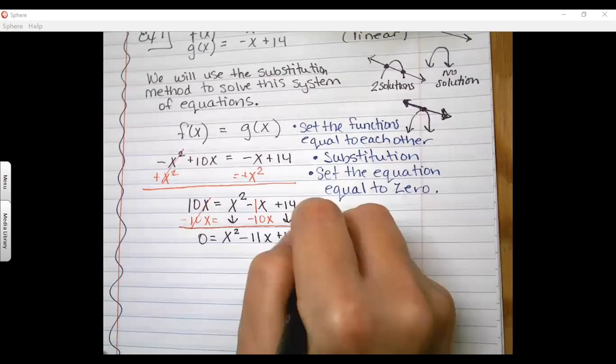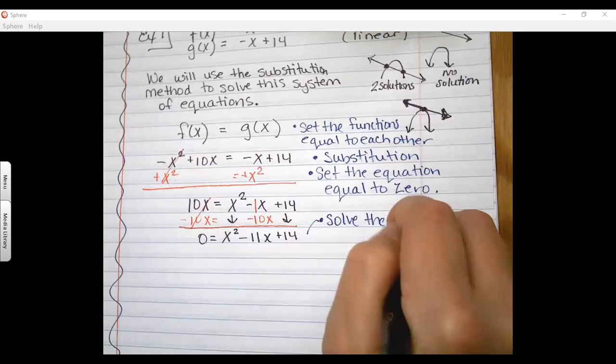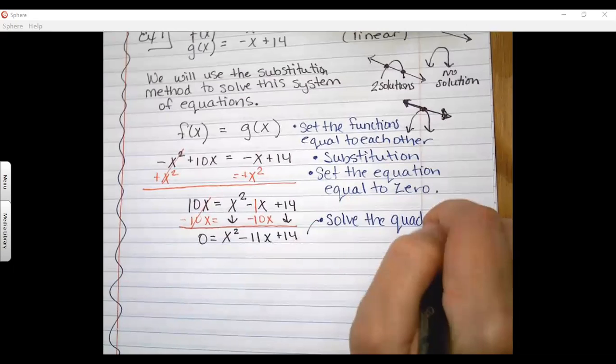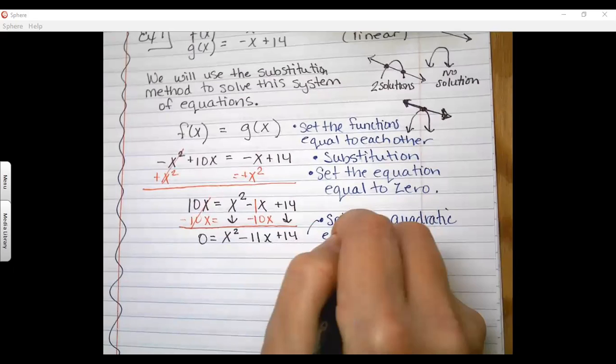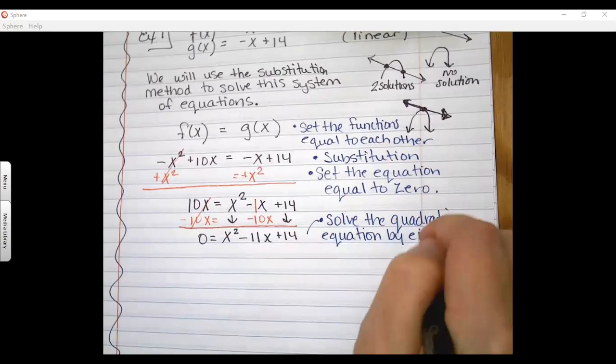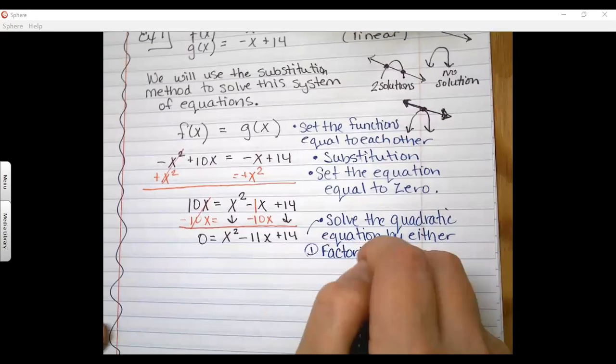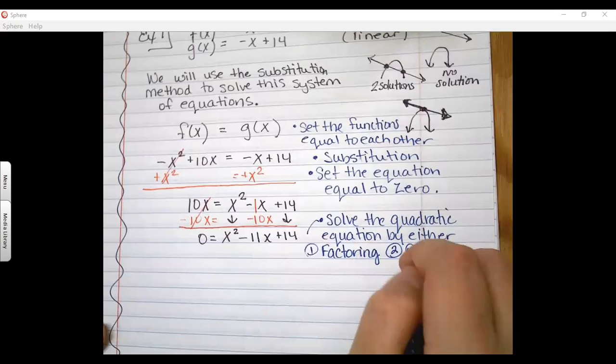Solve the quadratic equation by either number 1, factoring, number 2, quadratic formula, or number 3, completing the square.